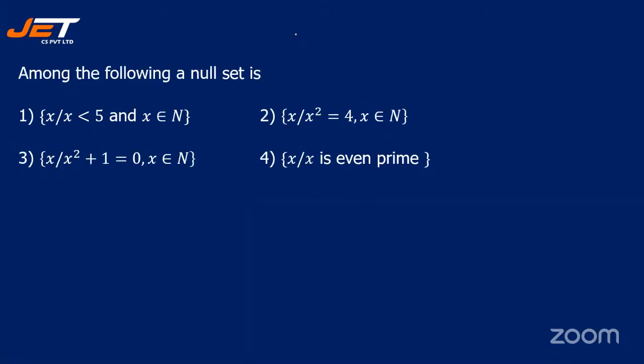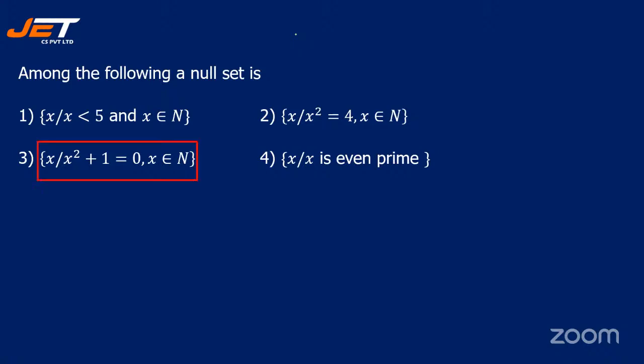Among the following, a null set is dash. Option 1, x such that x is less than 5 and x is an element of N. Option 2, x such that x square is equal to 4 where x is an element of N. Option 3, x such that x square plus 1 is equal to 0 where x is an element of N. Option 4, x such that x is even prime.